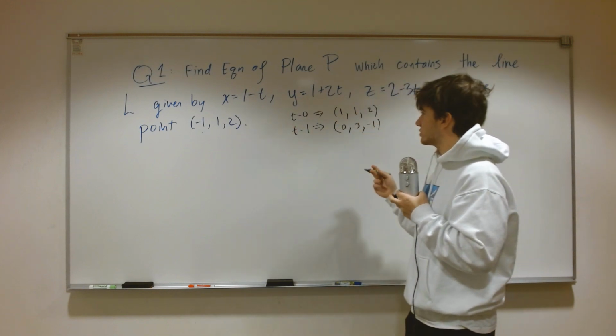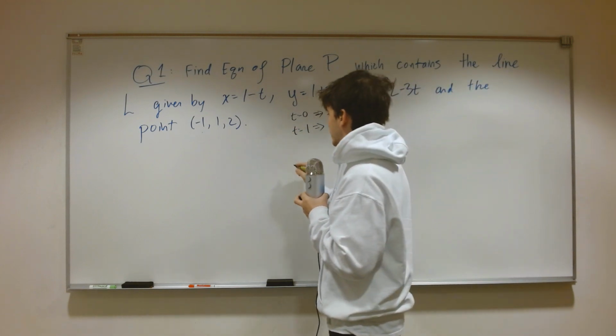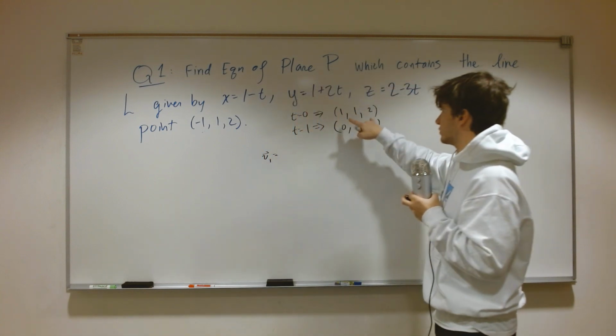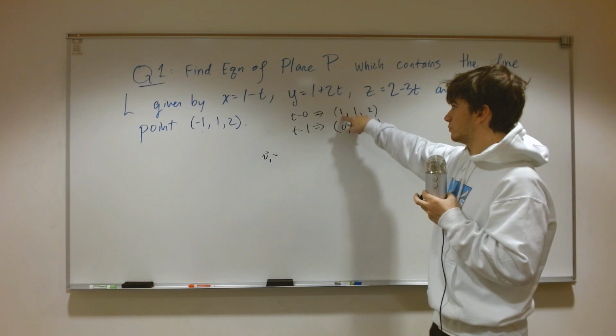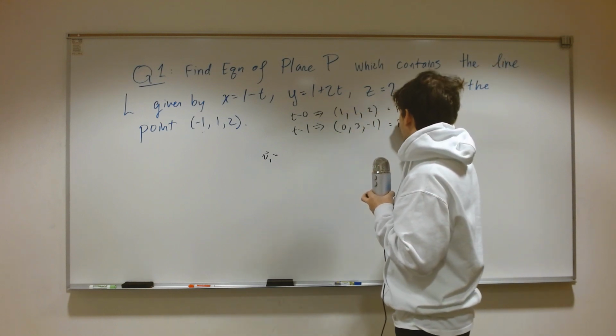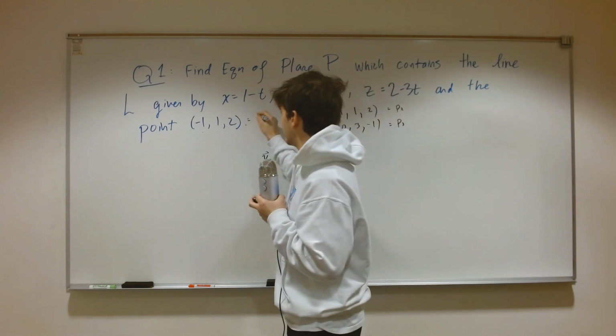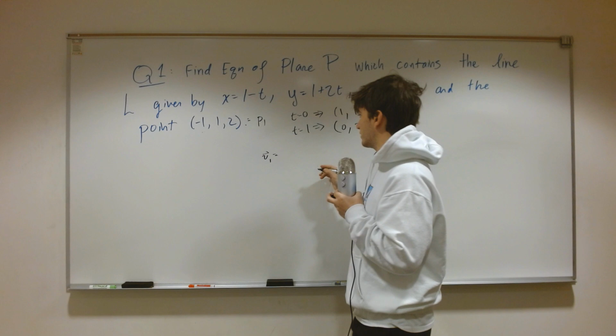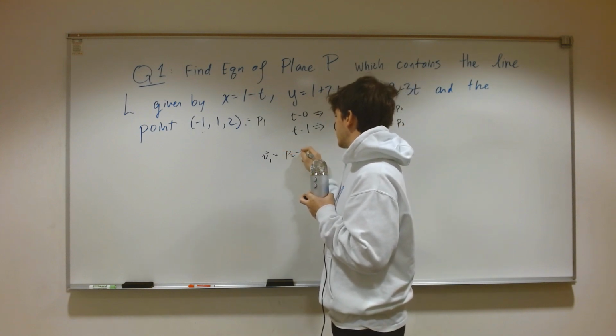So now I'm just going to take two vectors, let's say v1, and let's call this point p2, p3, and here's p1. So I'm just going to take, kind of arbitrary, p2 minus p1.